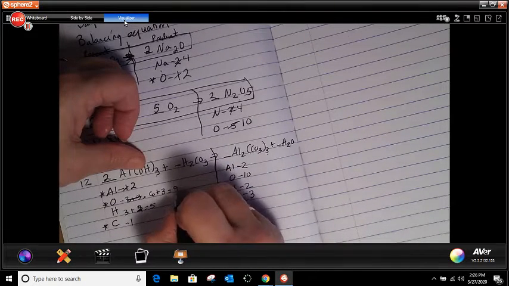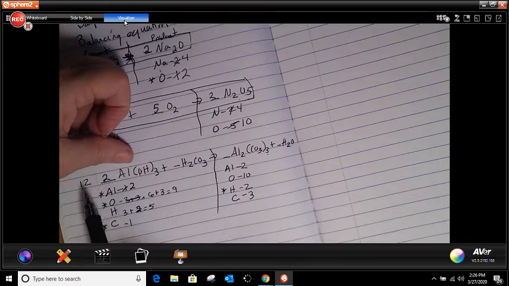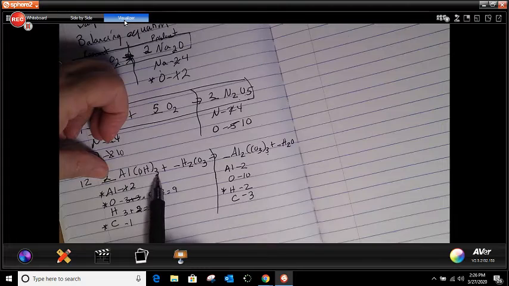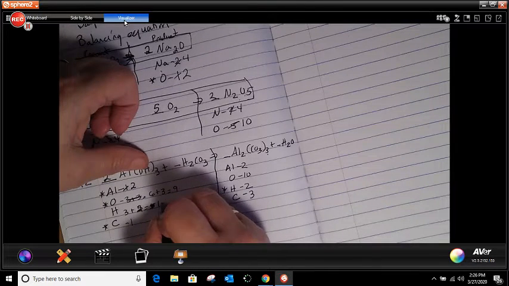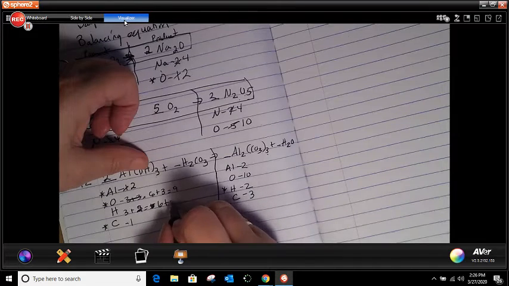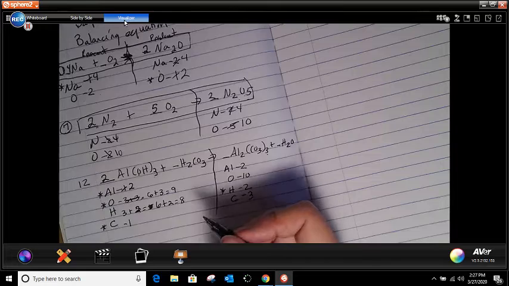That makes it a 9. Okay? My hydrogens are 2 times 3, which is 6 again, and then my hydrogens over here is 2. That is 8. And my carbons are still 1.